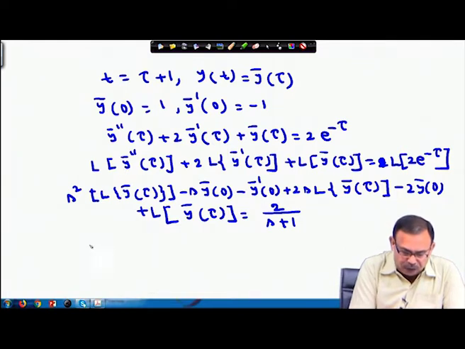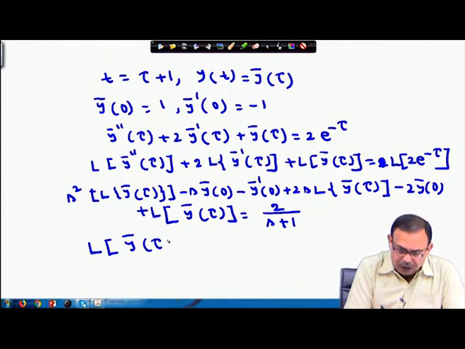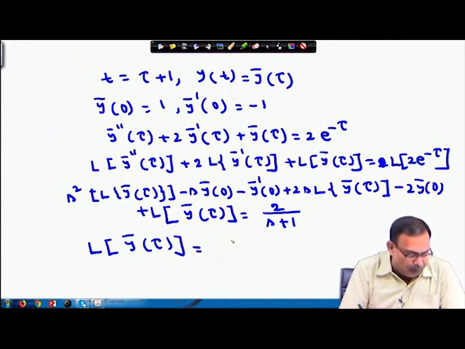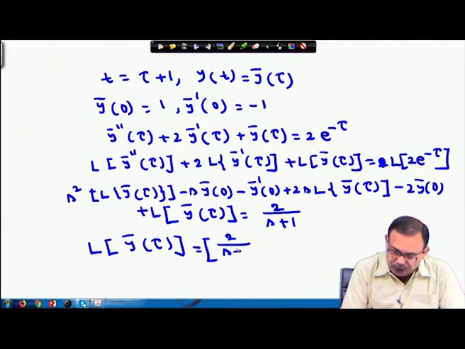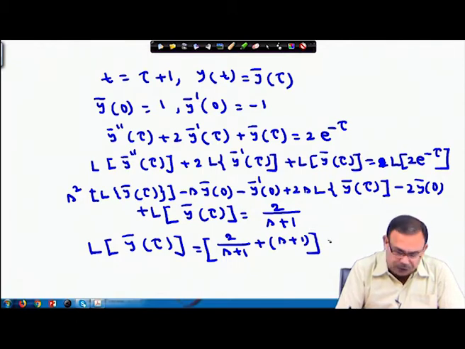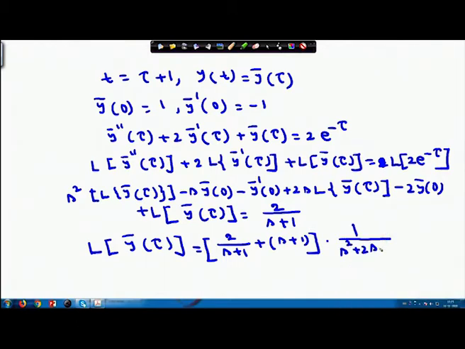Laplace transform of y bar tau, I am just skipping this here, you will obtain something like this: 2 by s plus 1 plus s plus 1 into 1 by s square plus twice s plus 1.